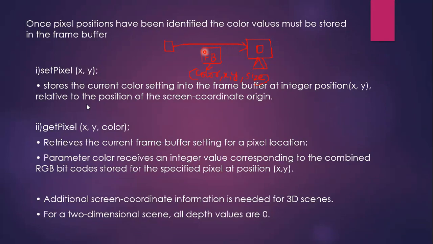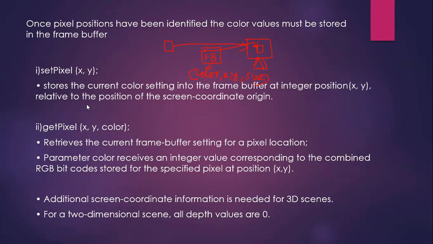So there will be a relationship between this frame buffer position and the screen coordinate position. Maybe you have one object position here, and it is represented on the screen. There may be a relationship between the frame buffer position, with xy coordinates, and the screen coordinates.